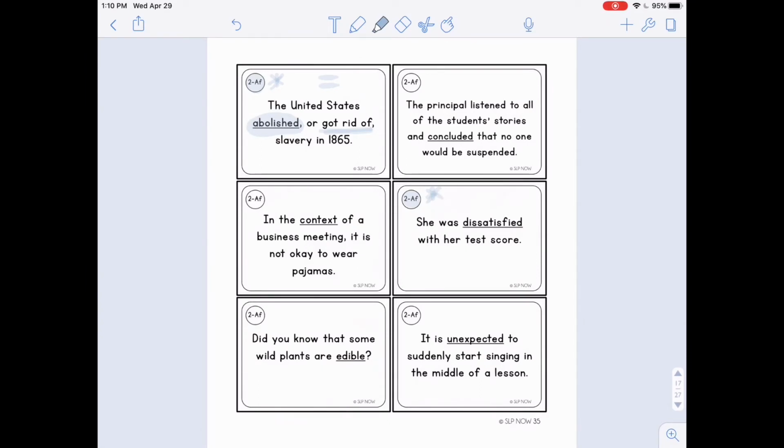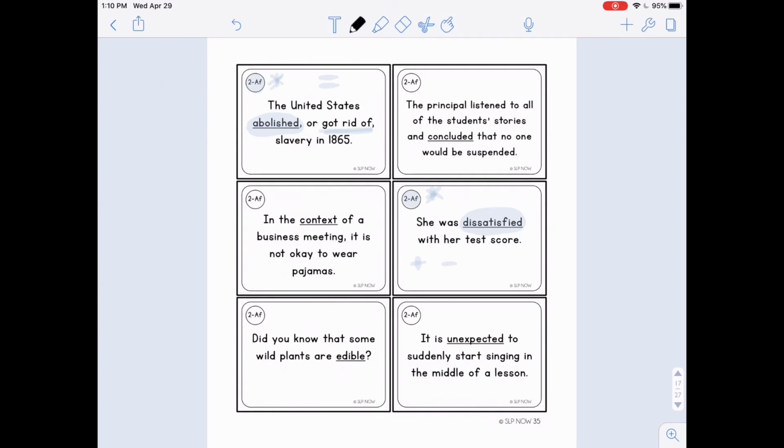All right, now we're going down here. She was dissatisfied with her test score. So we might get a feeling from this word. If somebody's dissatisfied from something, does that sound like a positive thing or a negative thing? If we don't know right away, we can always break down the word into parts.